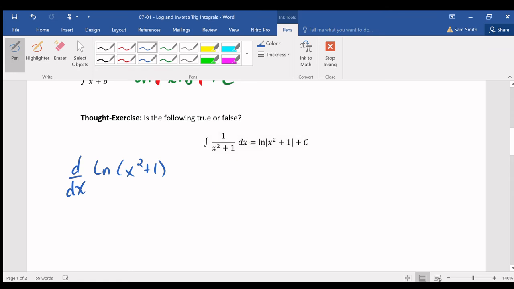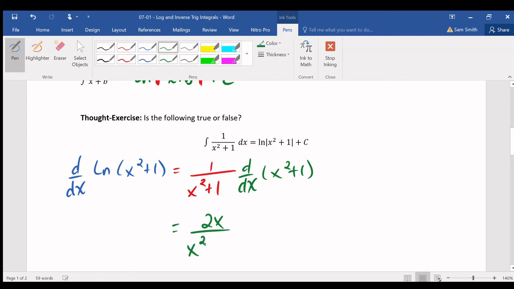Now that is the derivative of the outer function, but the chain rule steps in and says, hey, don't you have to multiply by the derivative of the input x squared plus 1? So the derivative of this function is actually 2x over x squared plus 1, not 1 over x squared plus 1. So I would have to say that this is false.